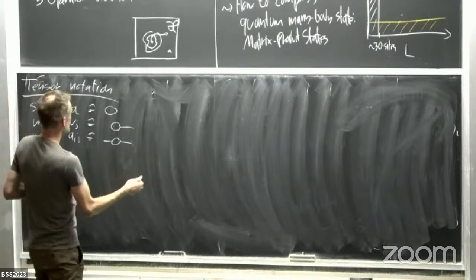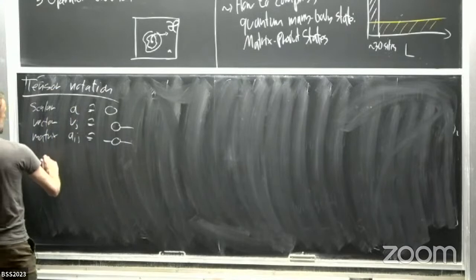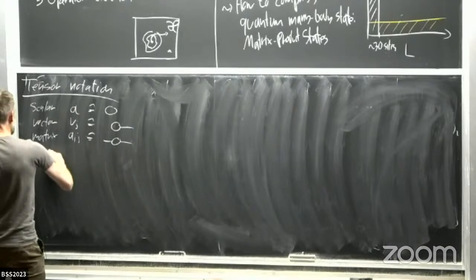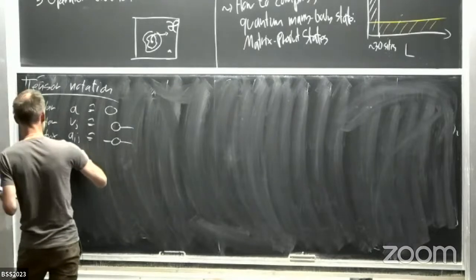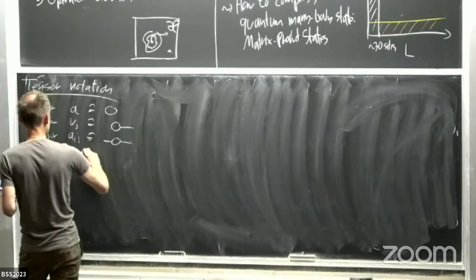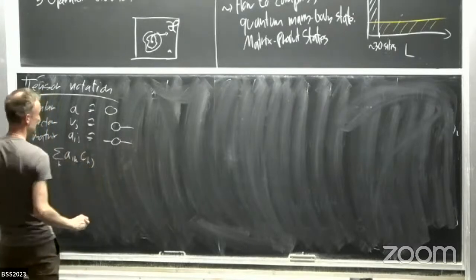And if I'm doing some tensor operations, let's say that I want to do a matrix multiplication. Then I would say that B_ij is equal to the sum over k of A_ik C_kj.